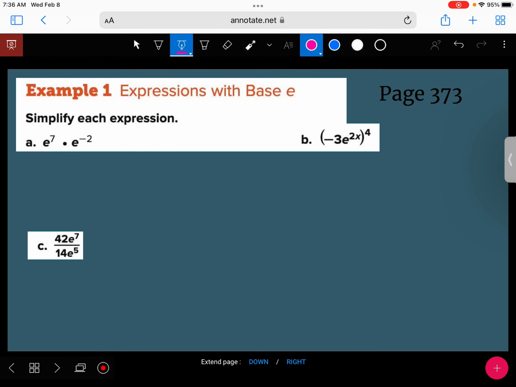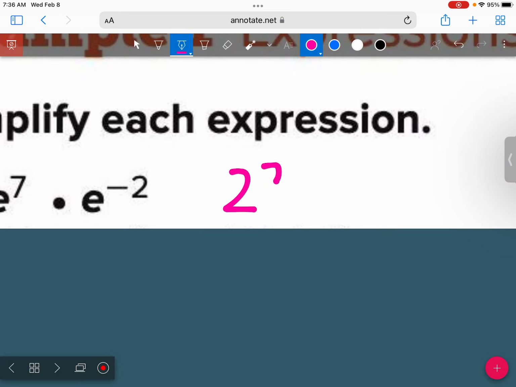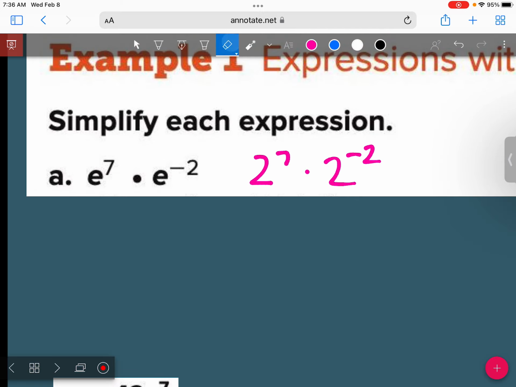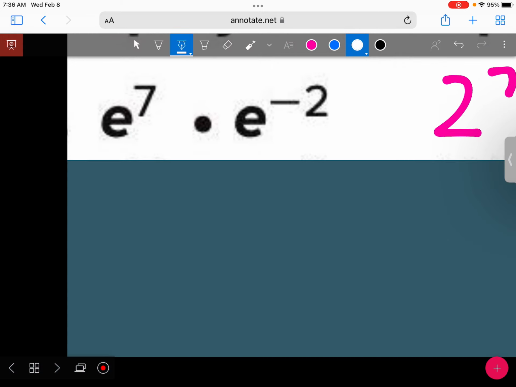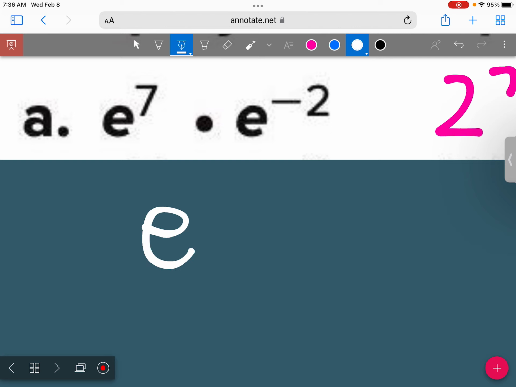But the beauty of it is when we have it in things like this, we first want to treat it like a variable. It does things just like a variable does, just like a number would, okay? If I were to have 2 to the 7th times 2 to the negative 2nd, I could combine these, right? Because they have the same base, right? So just like that, we can do that with e, okay? So here I have e to the 7th and e to the negative 2nd being multiplied by each other. What is my new exponent? E to the 5th.